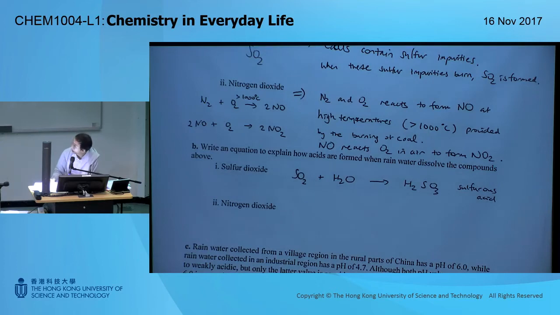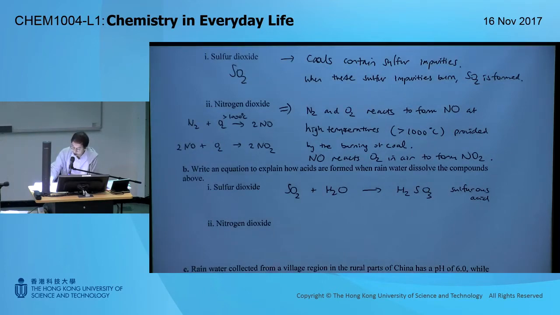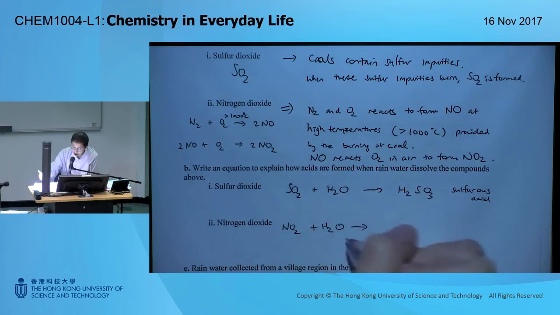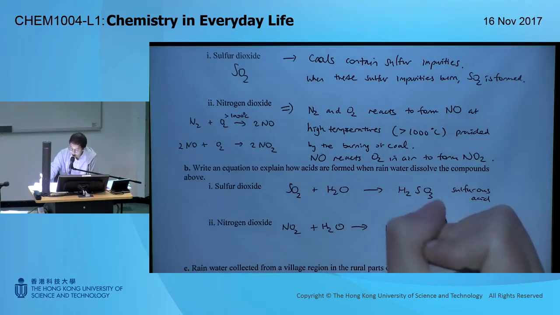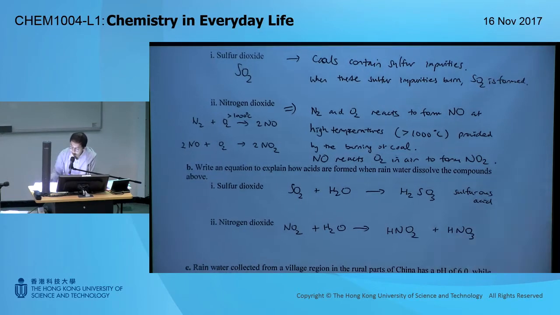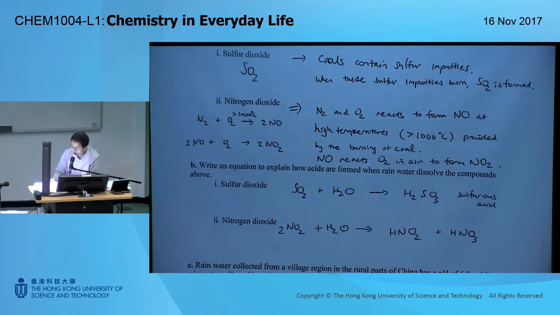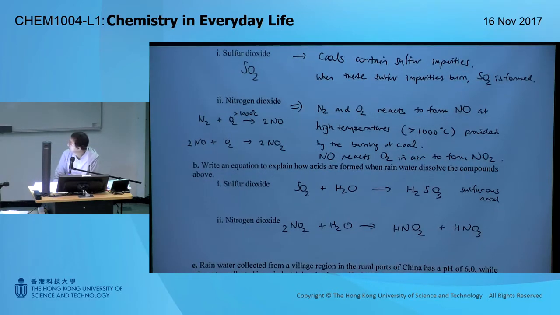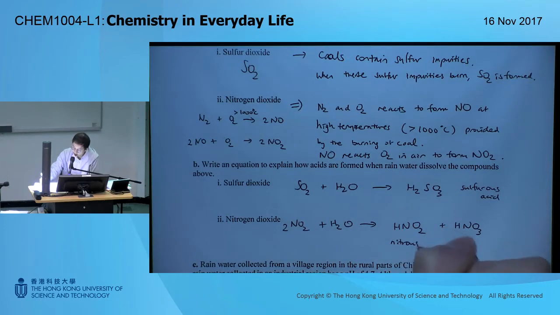And for nitrogen dioxide, NO2 plus H2O, this one is a little bit more difficult because you actually form two different acids. You form HNO2 and HNO3. And of course, in this case, you need two of the NO2. This one is called nitrous acid. This is nitric acid.